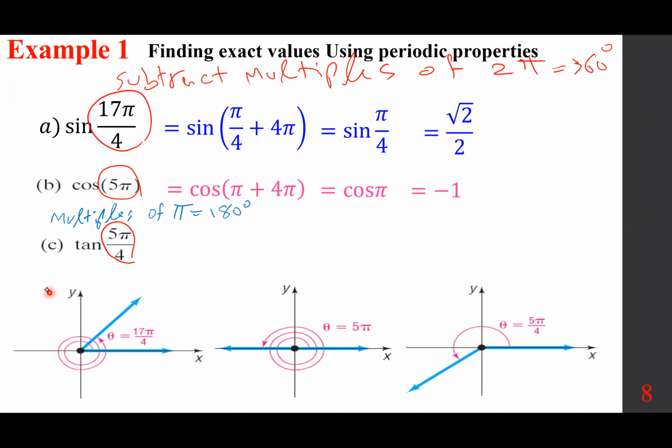Therefore, we are just concerned with pi over 4. So it's equal to tan of pi over 4, and tangent of pi over 4 is 1.